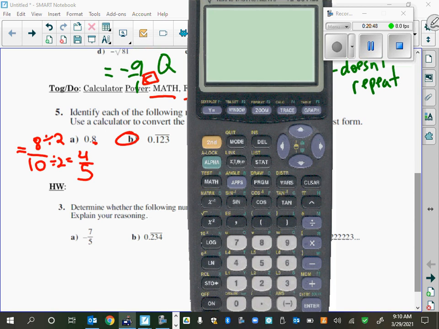How'd you get it? Through a different calculator, okay. I might actually be a smarter calculator, just in this one instance. Who did it on this calculator? Anyone?